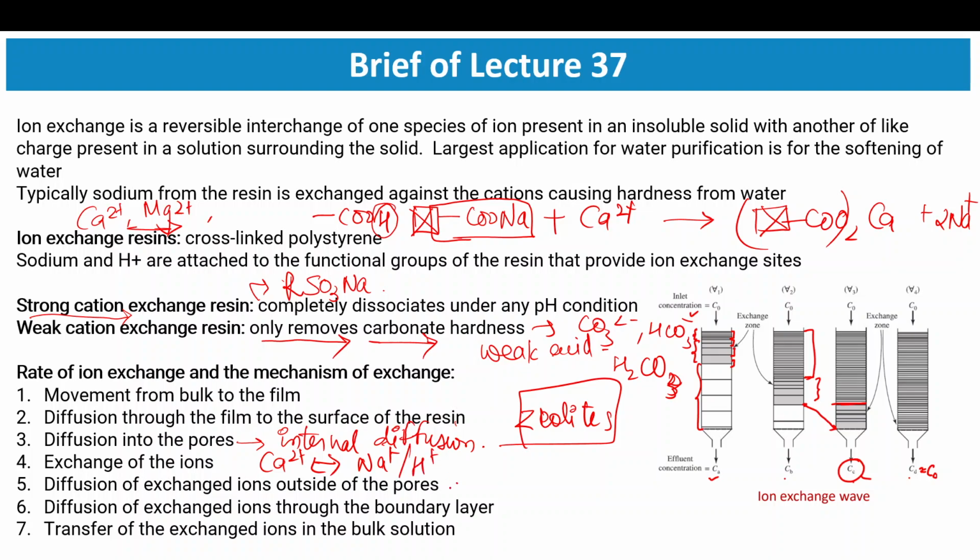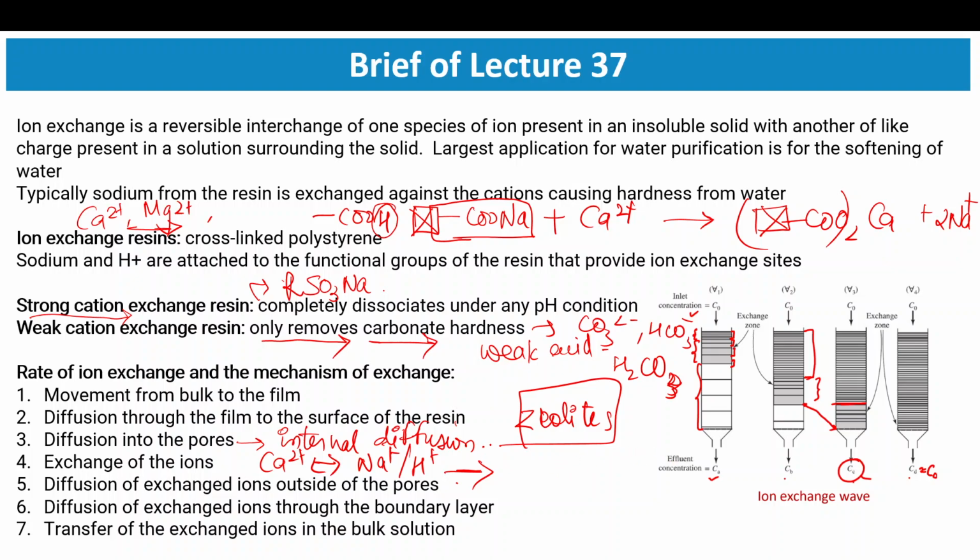It depends on the choice of your resin. Till this point it was for the adsorption, because in adsorption, whatever pollutant was to be removed used to adhere to the surface of the adsorbent.